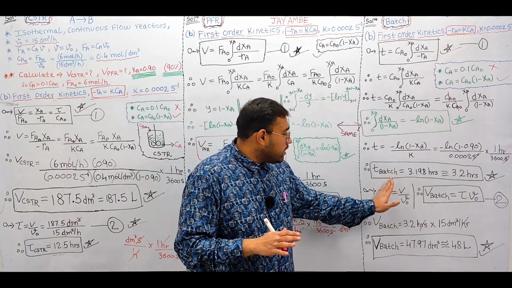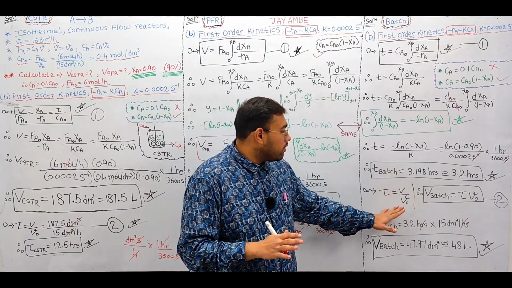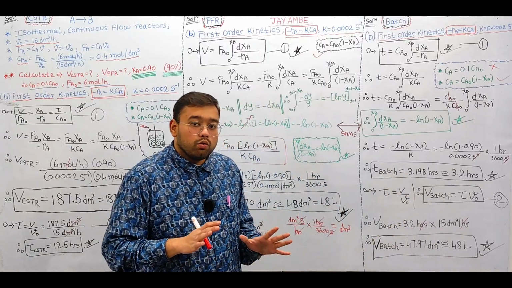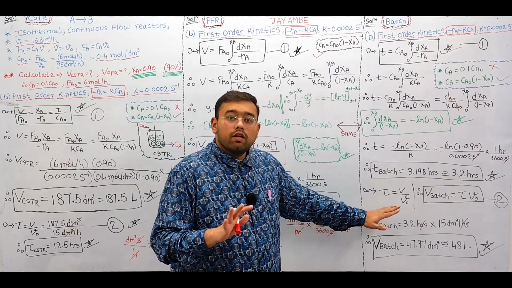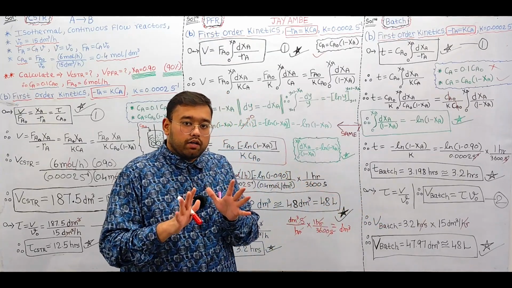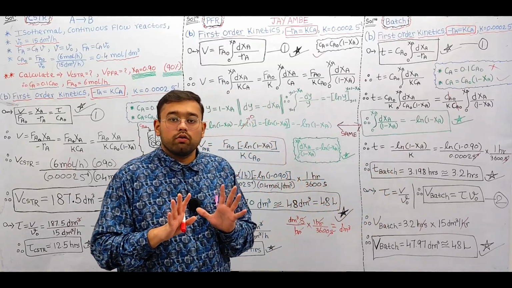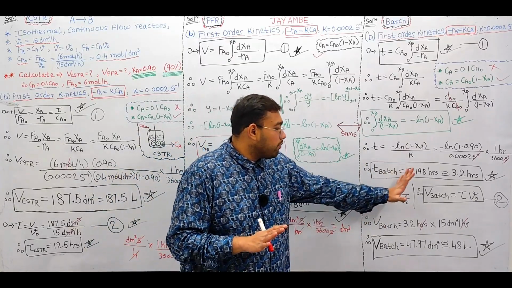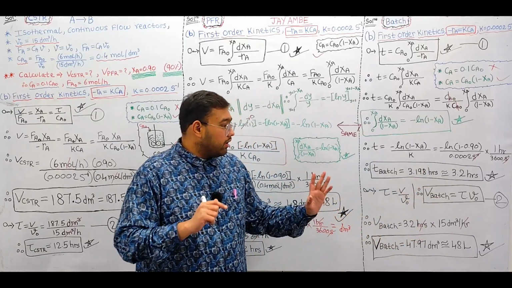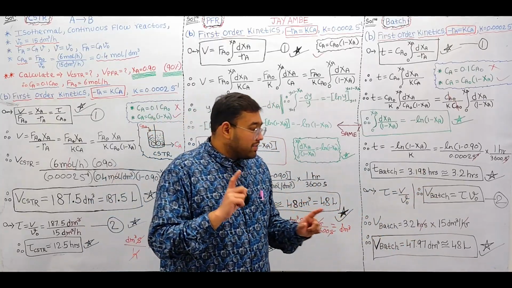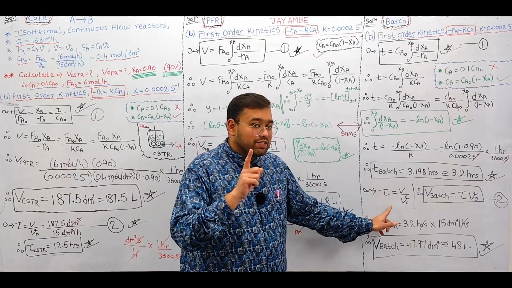By using this concept, we have solved the volume of the batch reactor, right? So the concept is correct, but the calculation is partially wrong. The calculation of volume of batch reactors is not correct here. This is exactly where the students make the mistakes.